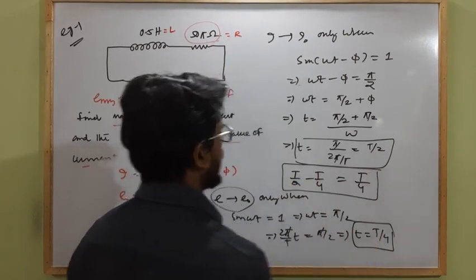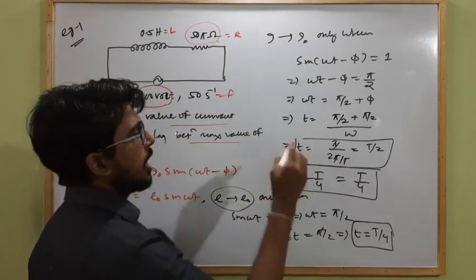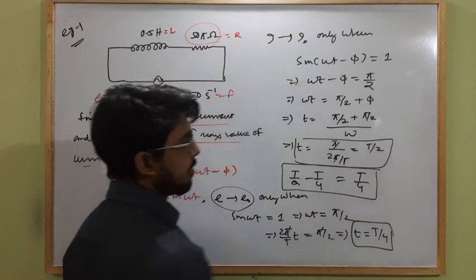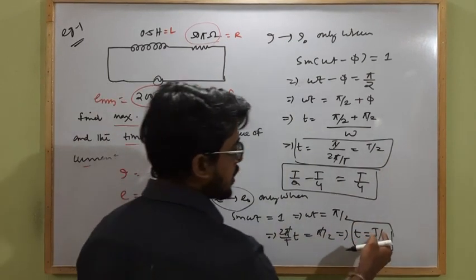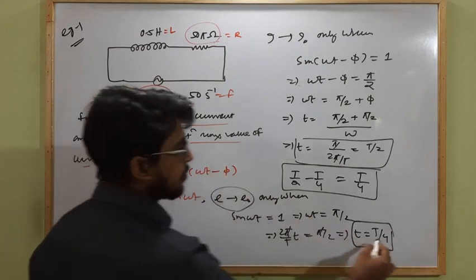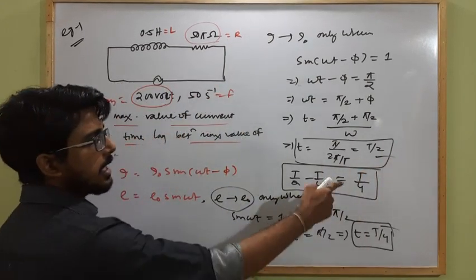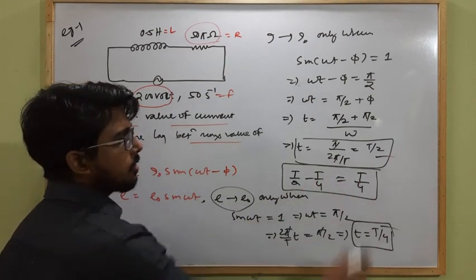So the time lag between I maximum and E maximum is T by 4, because at t equal to T by 2 I becomes maximum, and at t equal to T by 4 EMF becomes maximum. So the time lag between maximum EMF and maximum current is T by 4, that is 1/4 of the time period.